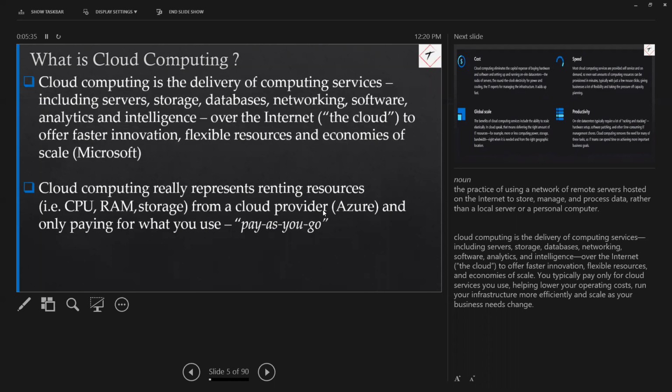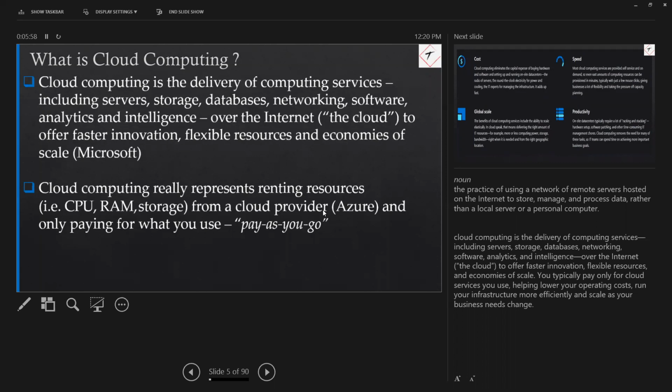This benefits in having faster innovation. Your resources are flexible. So let's say you need additional storage this month, which you might not require later. You don't have to buy hardware per se. You only pay for the resources you use.